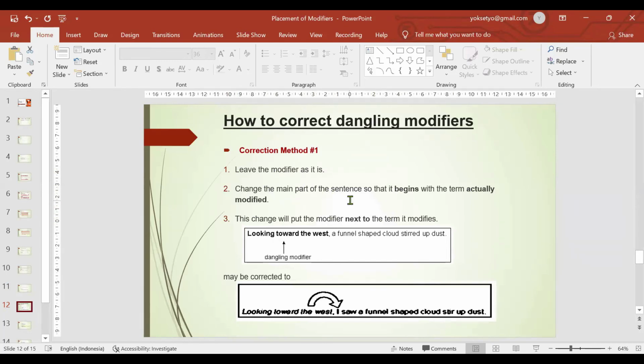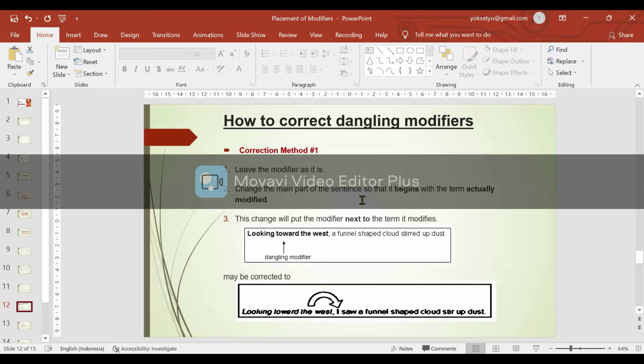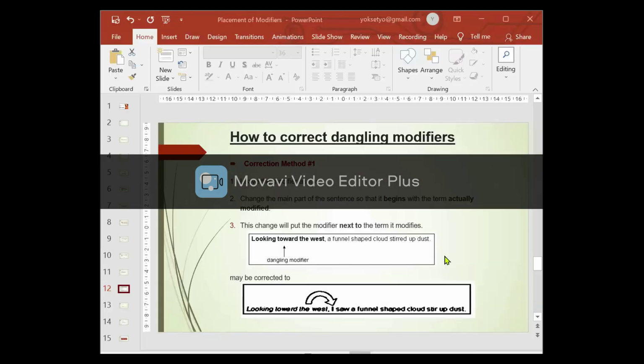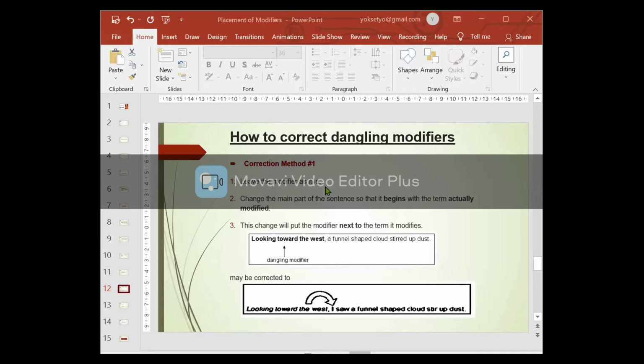So in this case, you can add or change the subject. So that is the first method, right?